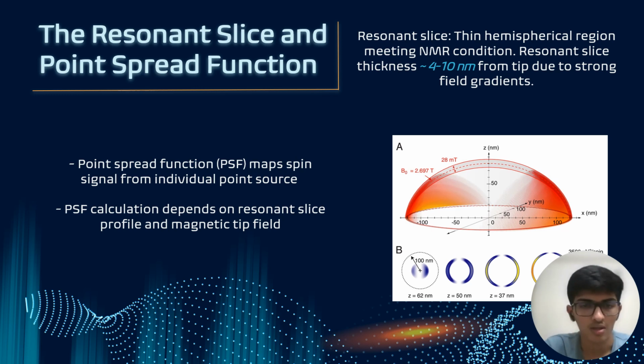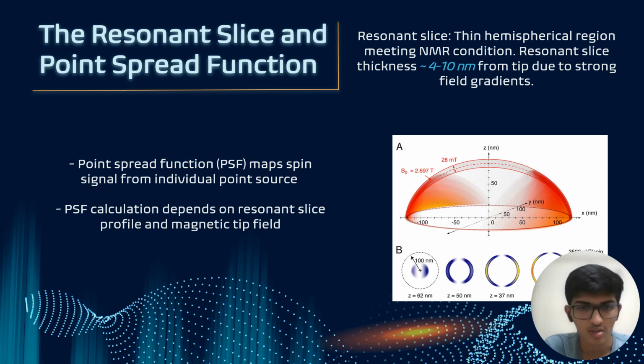So the image here illustrates key aspects related to the resonance slice and the point spread function in MRFM. Part A depicts the three-dimensional profile of the resonance slice, which is a hemispherical region, again, around the magnetic tip, where the magnetic field strength meets the resonant condition.